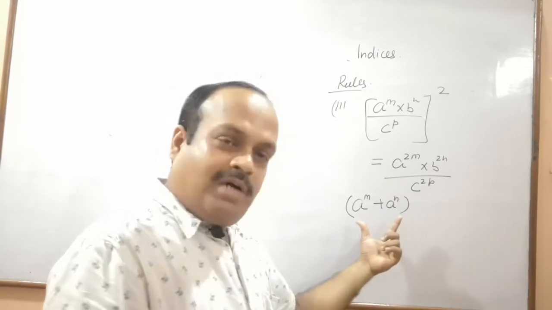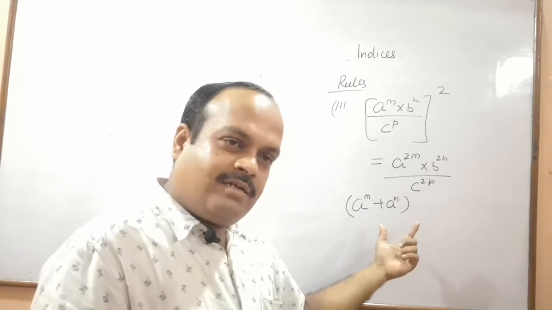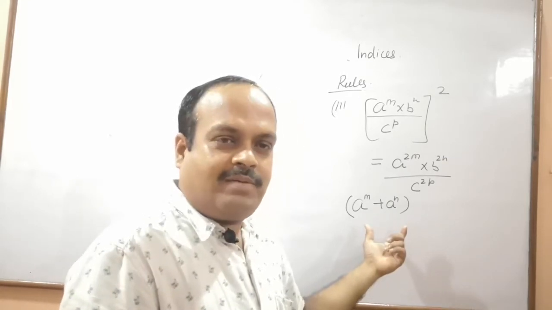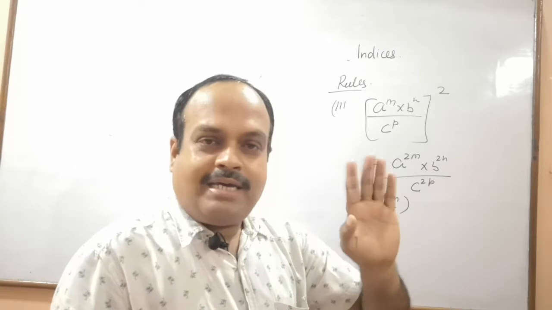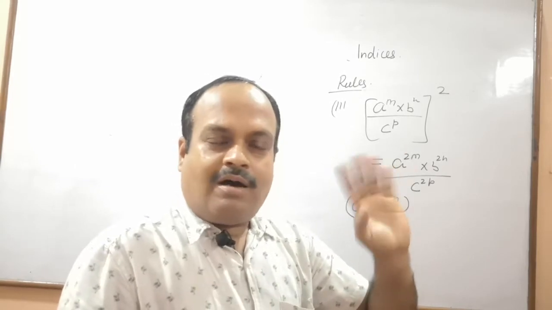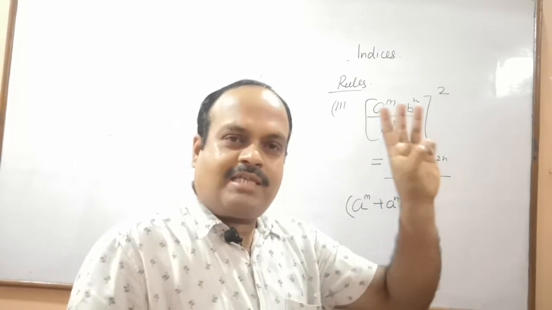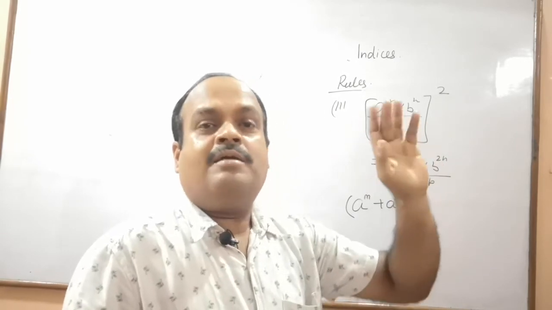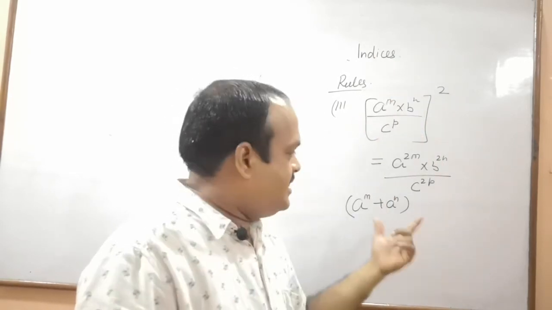Do you have product here? No, this is sum of two exponential numbers with the same base, and for the sum I have not given you laws. There are three laws. That laws are for multiplication, division and power. This is sum.